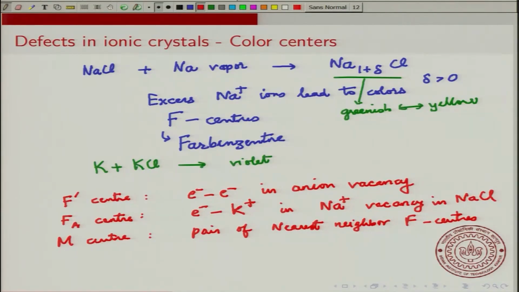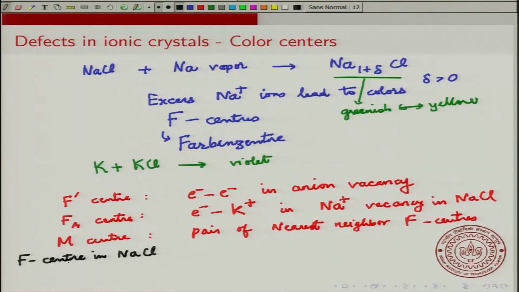Let me once again show the nature of the F center. If you take sodium 1 plus delta, now there are some excess sodium atoms. Those sodium atoms will get ionized. So let us show the F center in NaCl.